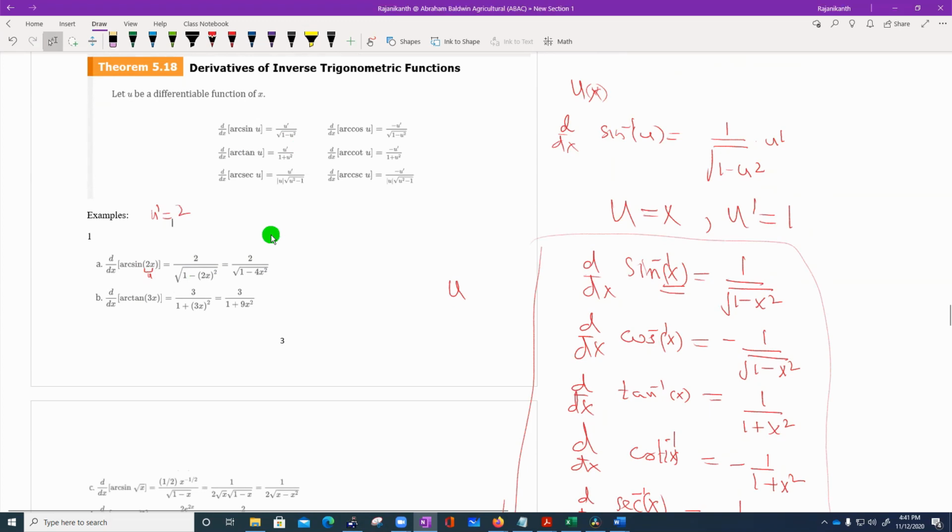Simply 2, right? Then use this formula and replace u by 2x. You will get u prime, which is 2, over the square root of 1 minus u squared. Your u was 2x, so (2x) squared. Do you see that? Then after that, simply use some algebra to simplify the problem.